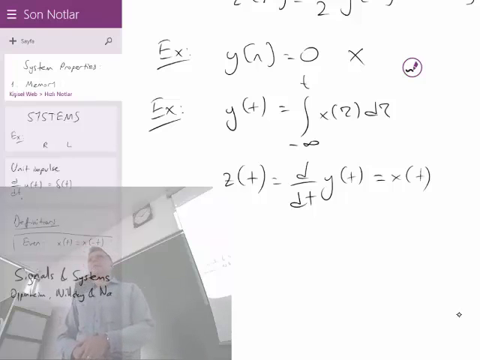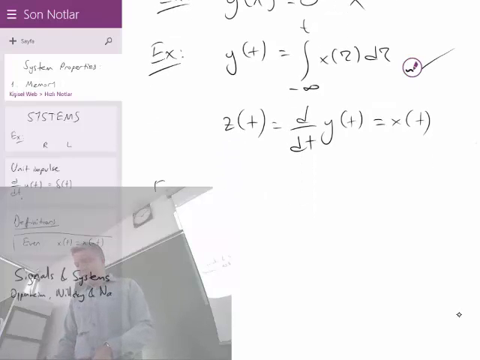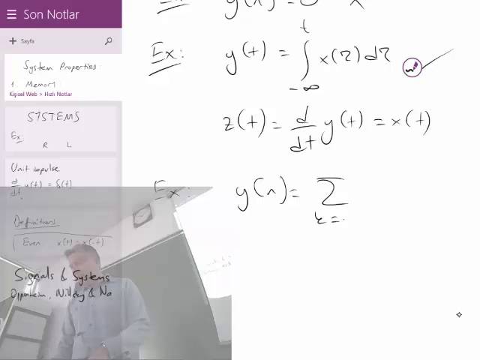See? Interestingly, that system is invertible, just like another invertible system, y of n, which is the accumulation, the sum over k from minus infinity to n of x of k.